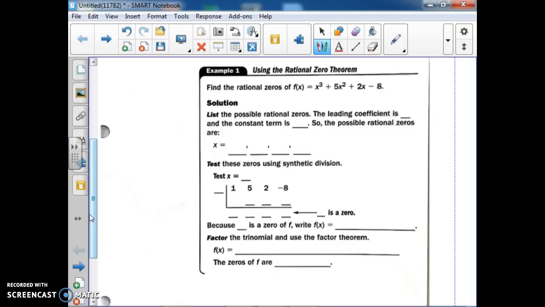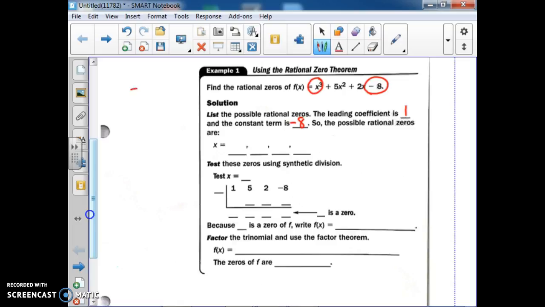So the constant term of this polynomial is -8, and the leading coefficient would be 1 because we don't see anything in front of x cubed. So all of the possible rational zeros are going to be factors of -8 over the factors of 1.